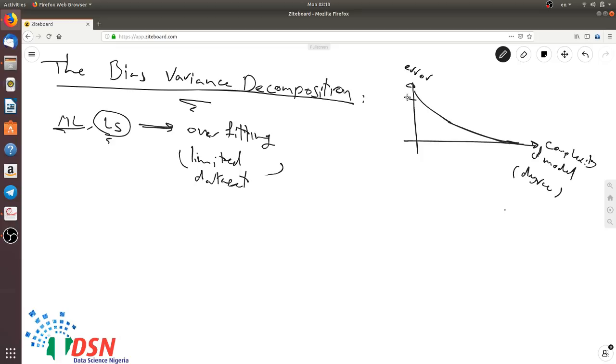When we make our model more complex, the training error will decrease, but the validation error is something like this for the test error.